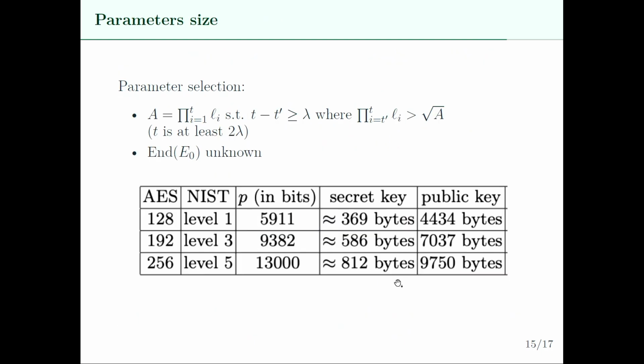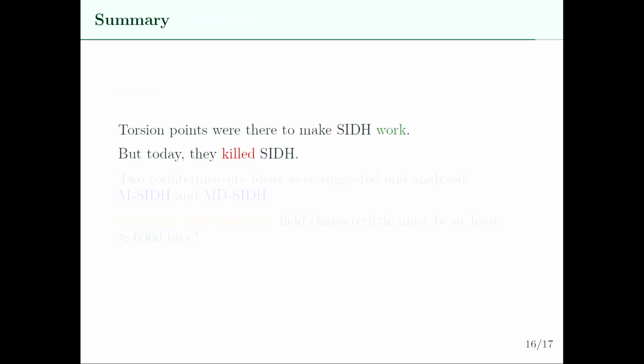Then finally, I show the parameter size of these schemes, and we need to set the parameters satisfying these two properties. For NIST level 1 security, we need about 6,000 bits, and for NIST level 5, we need about 13,000 bits. Okay, and here's the summary.